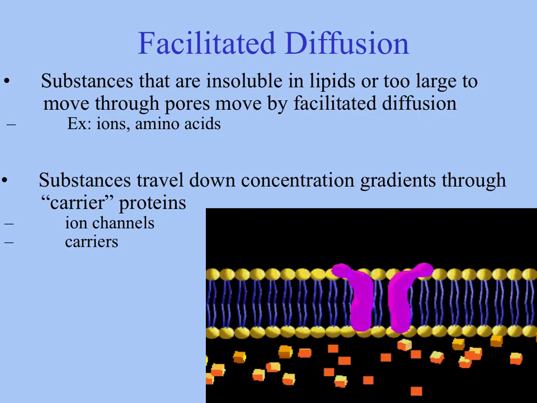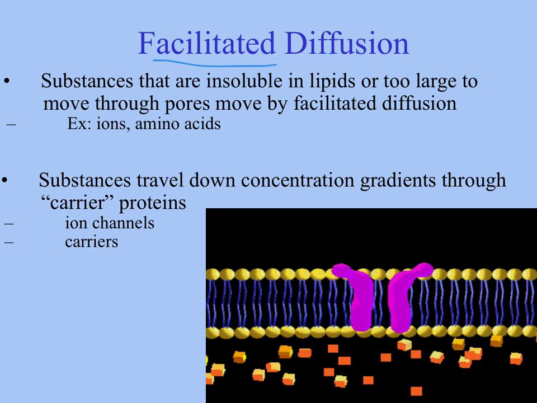The next type of diffusion is facilitated diffusion, and all the rules of diffusion for facilitated diffusion are the same as for simple diffusion. You need a concentration gradient and you need the membrane to be permeable to the substance. Now, for those substances that are not soluble in lipids, in other words, those that are too big or are not lipid soluble, they need carriers or channels to help the charged substances or large substances get through.